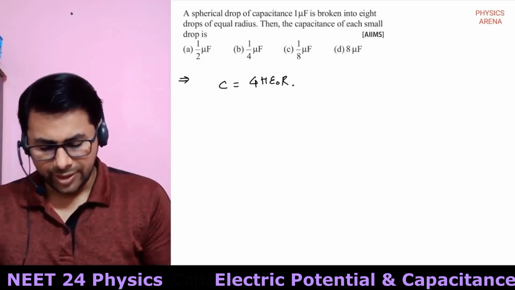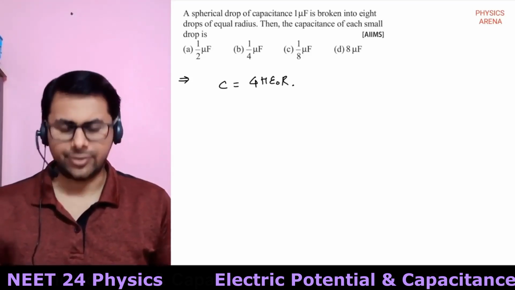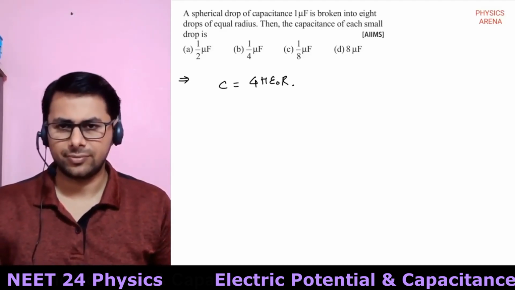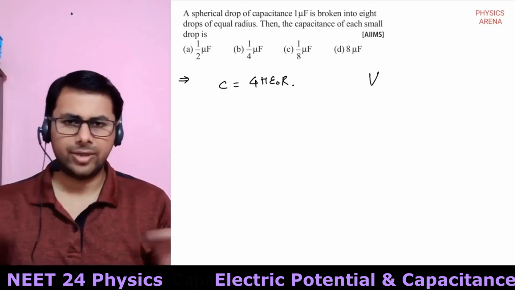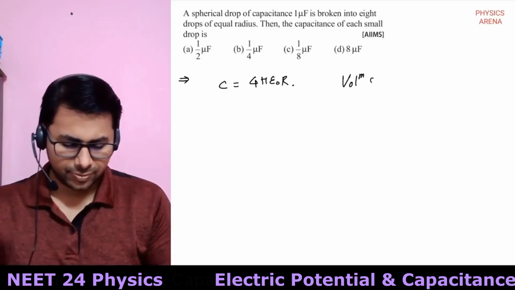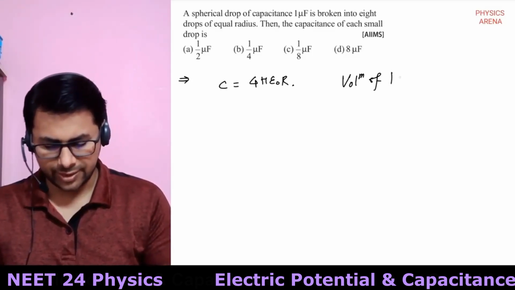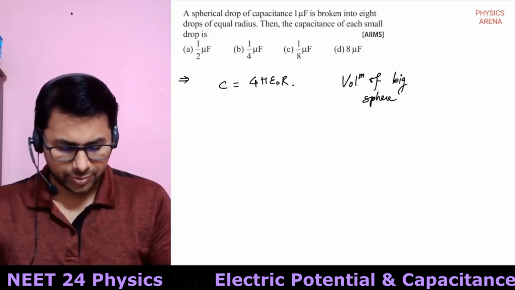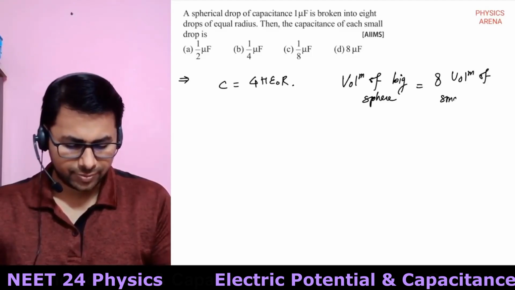One spherical drop is broken into 8 drops of equal radius. So what can you say? The volume of one big sphere equals 8 times the volume of a small sphere.